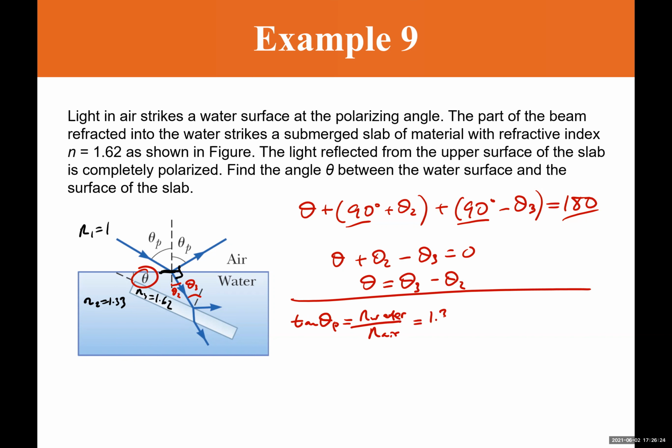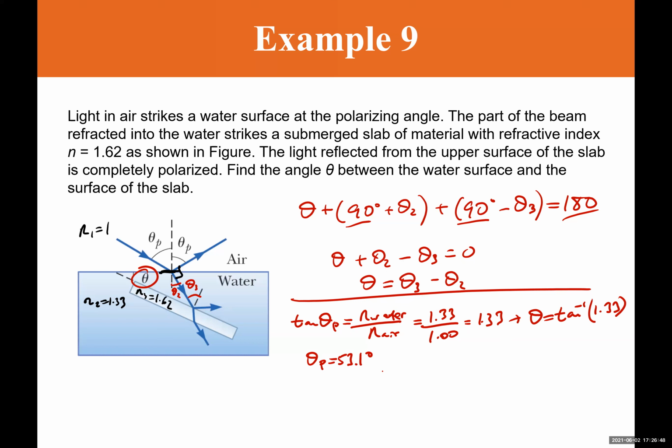So this will be 1.33 divided by 1, which is 1.33. Then using inverse tangent of 1.33, we'll get theta p to be 53.1 degrees.